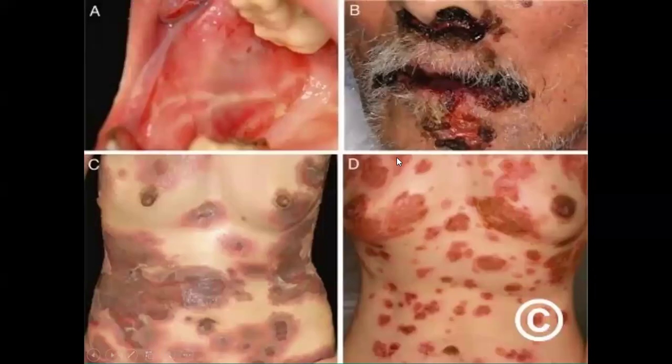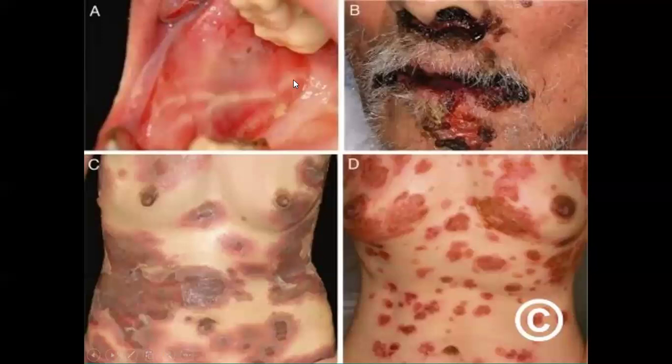This is, again, a picture that is characterized by acute epidermal necrosis, and it is seen as a part of certain malignancies, and it is known as paraneoplastic pemphigus. Paraneoplastic pemphigus has the clinical appearance of both pemphigus and toxic epidermal necrolysis.